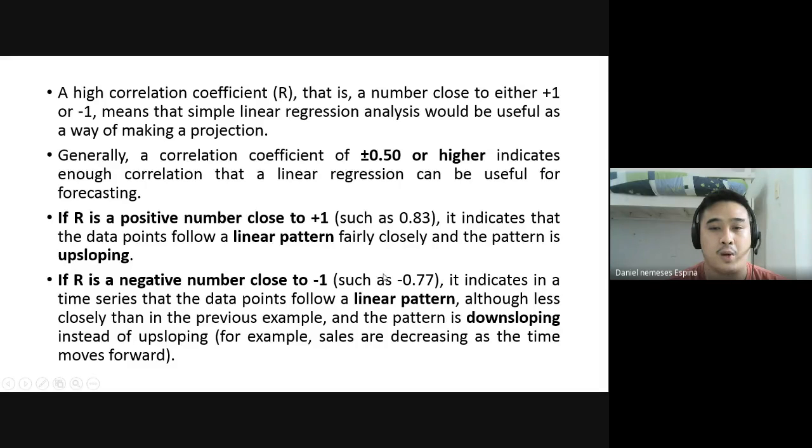So kung magkaduol, let's say mas duol siya sa 1, so 0.77. So kung imo na siyang i-plot ang data points in a graph, it is very near to the regression line. Okay? So halos mutunong siya sa regression line.